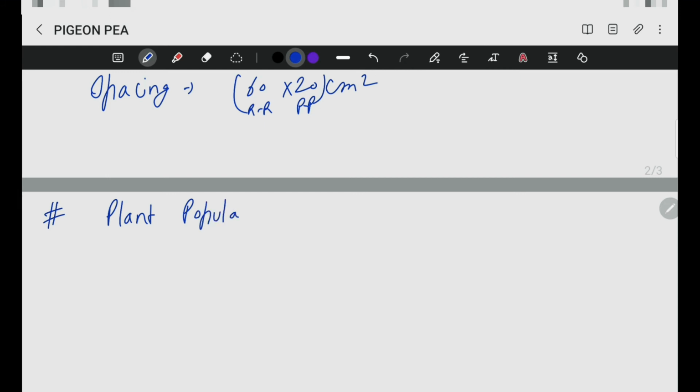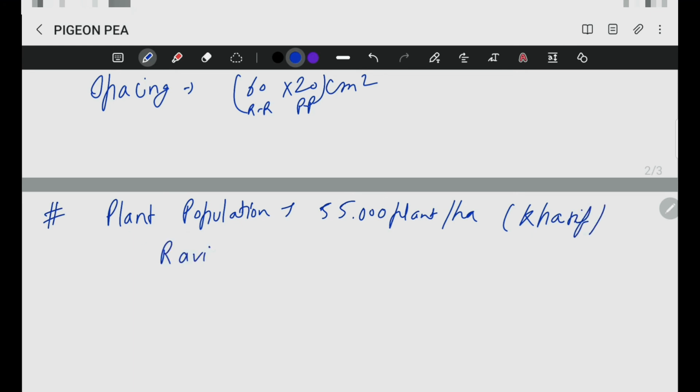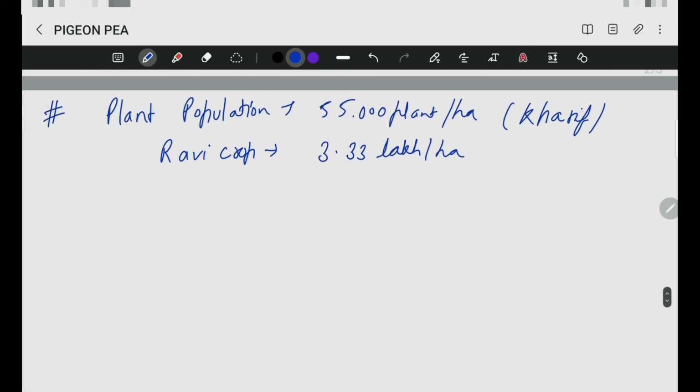Plant population of pigeon pea is 55,000 plants per hectare in kharif crop. In some states, pigeon pea is planted in winter season, that is rabi crop. If pigeon pea is planted as rabi crop, then the plant population is 3.33 lakh per hectare.